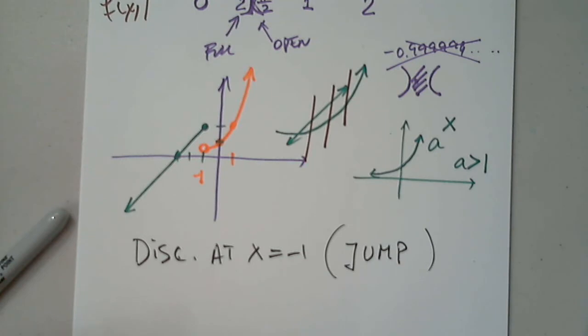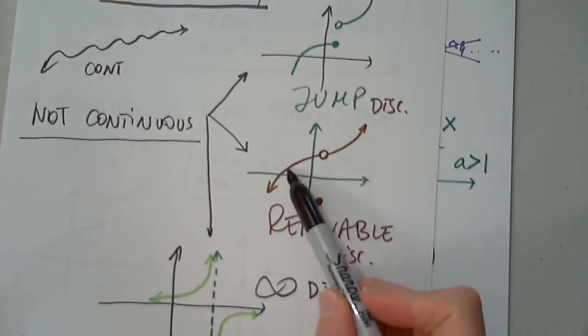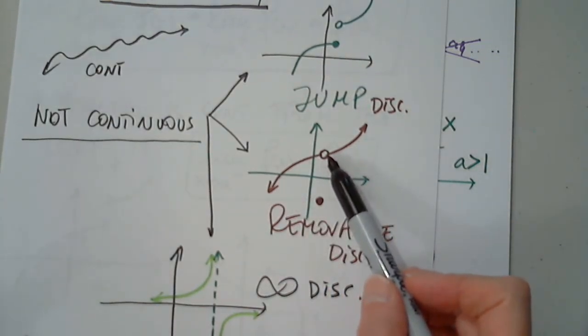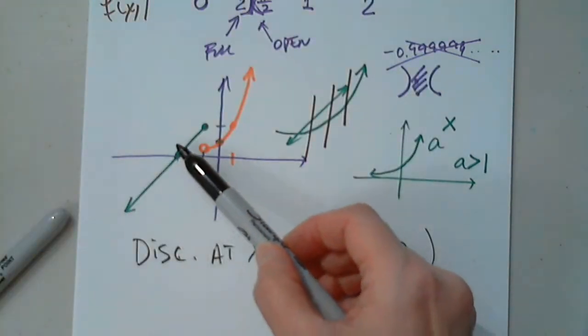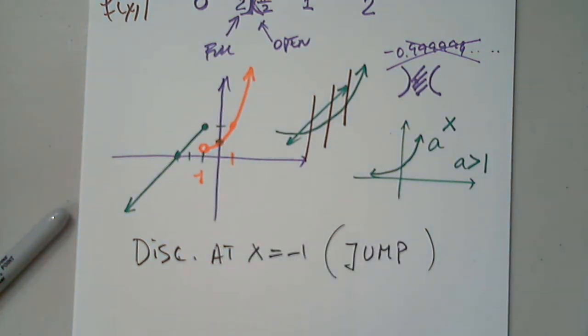Okay, let's go back. Is it a jump? Yes. Removable is this: the limit from the left and the limit from the right both exist and are equal. Here, the limit from the left and the limit from the right are not the same. So this is a jump.